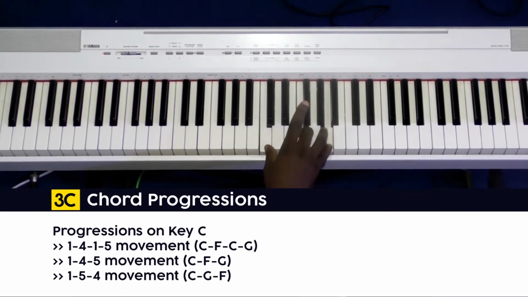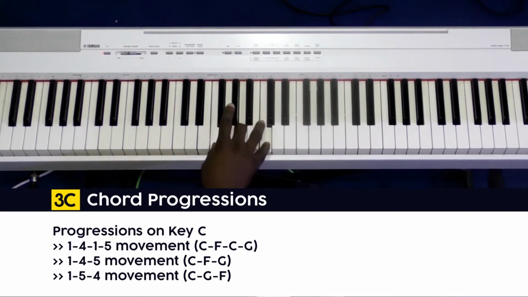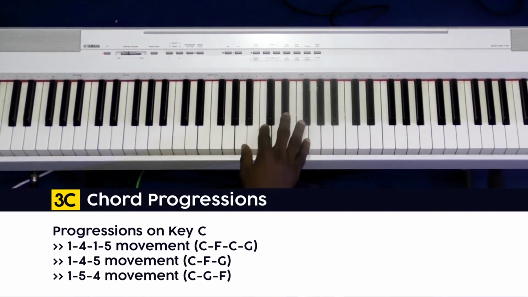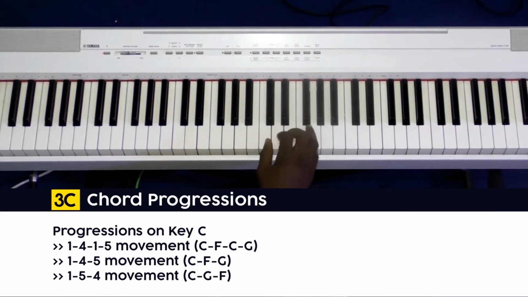Now what's C, F, A? If you remember, this is F root chord. This is F first inversion, and F second inversion. So simply, when I'm playing C major chord, my root chord, and I want to move to the fourth chord, which is the F major triad, I simply move to this.